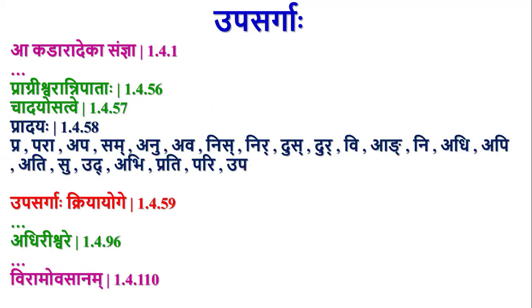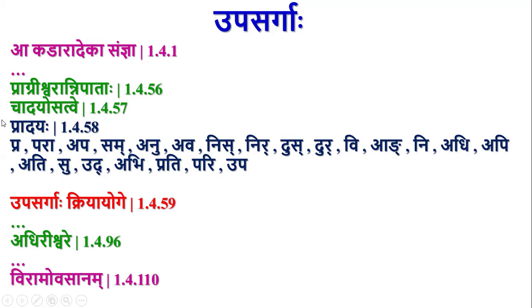Which are the pradayah? These are the pradayah. There are 22 shabdas here: pra, para, apa, sam, anu, ava, nis, nir, dus, dur, vi, ang, ni, adhi, api, ati, su, ud, abhi, prati, pari, upa. These are the 22 pradaya words in this pradigana.